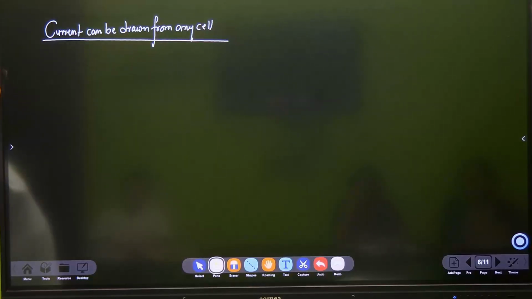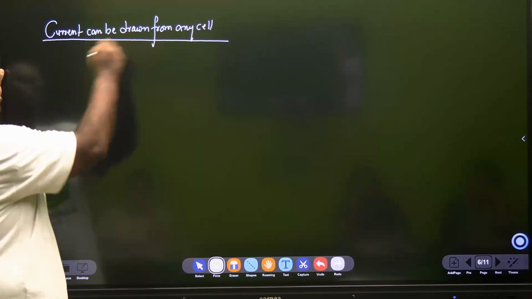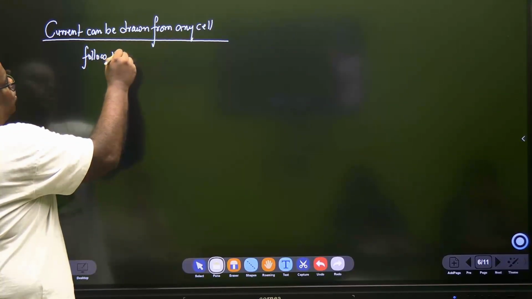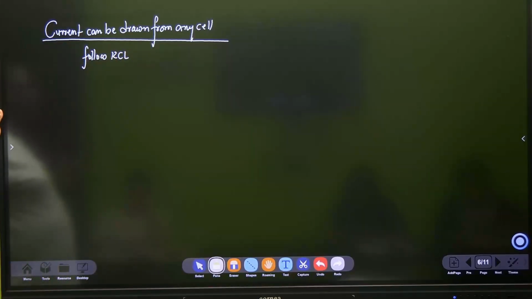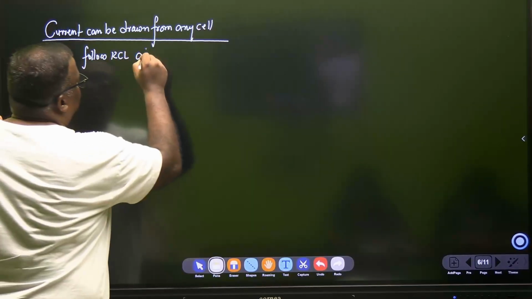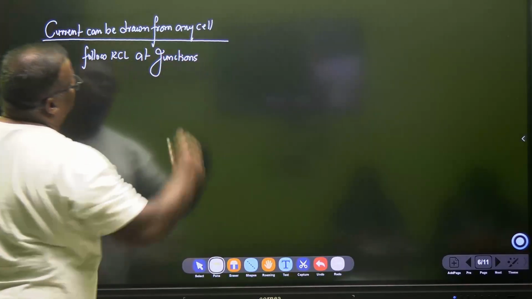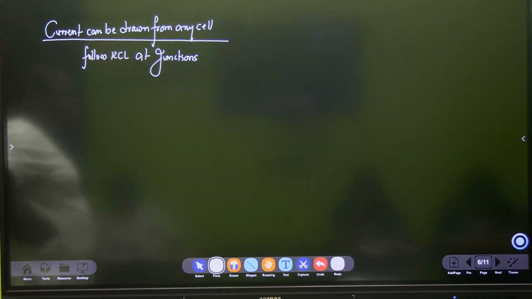Like in the NCERT example, they've not shown you current direction. You can pull out the current, your choice, from any cell. Just remember that when you're doing all this, follow KCL, Kirchhoff's current rule, at junctions. That's all. Draw out current from any cell.